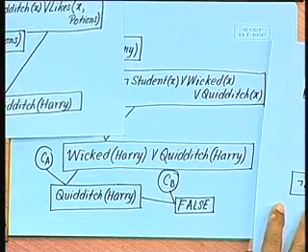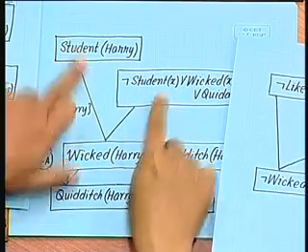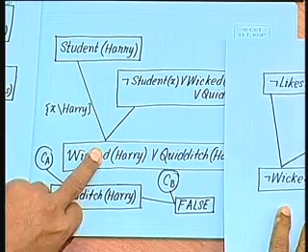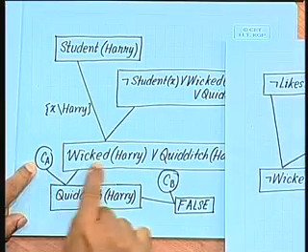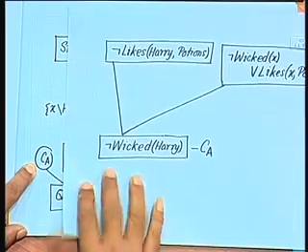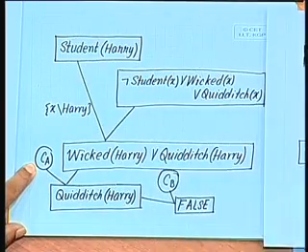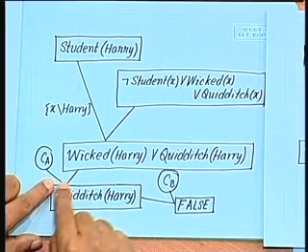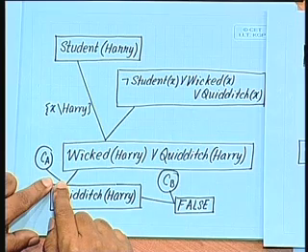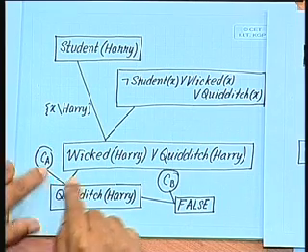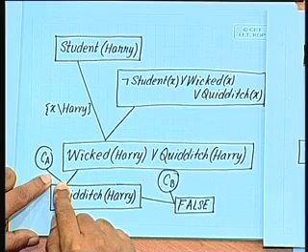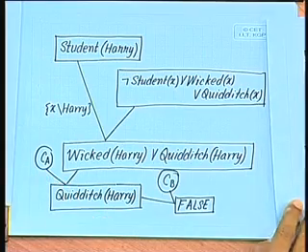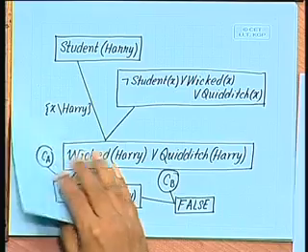But when we do this, this is a derived clause, CA, which is not of Wicked Harry, and this is also a derived clause which is Wicked Harry and Quidditch Harry or Quidditch Harry, and this step of resolution is against input resolution. Input resolution will not allow you to do this, right. You have to use always at every step at least one of the clauses from the original knowledge base.